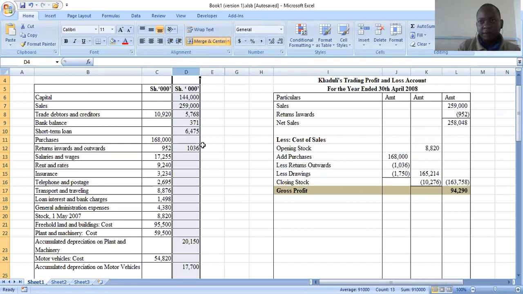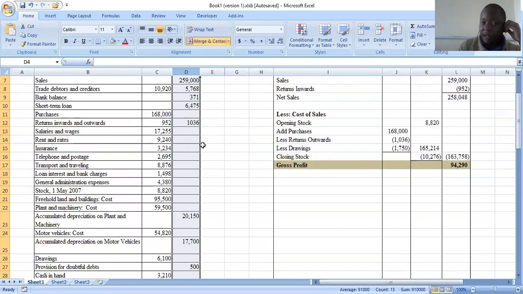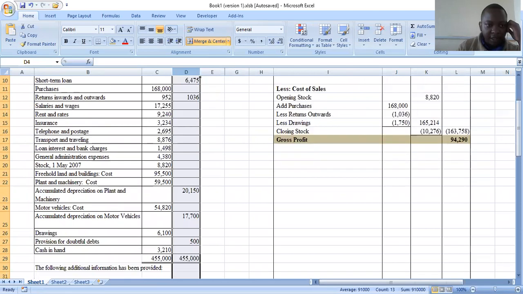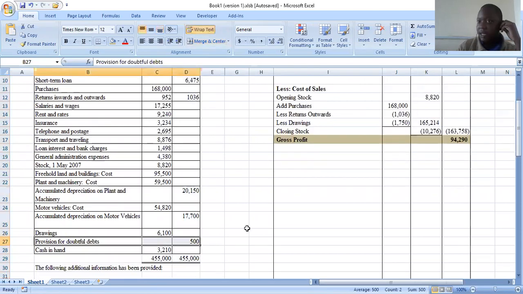But we said, from the video that I sent you, that if the provision for bad and doubtful debts decreases, we treat it as a gain to the business. And a gain is treated the same way as a revenue in the profit and loss account. And if it increases, we treat it as an expense.